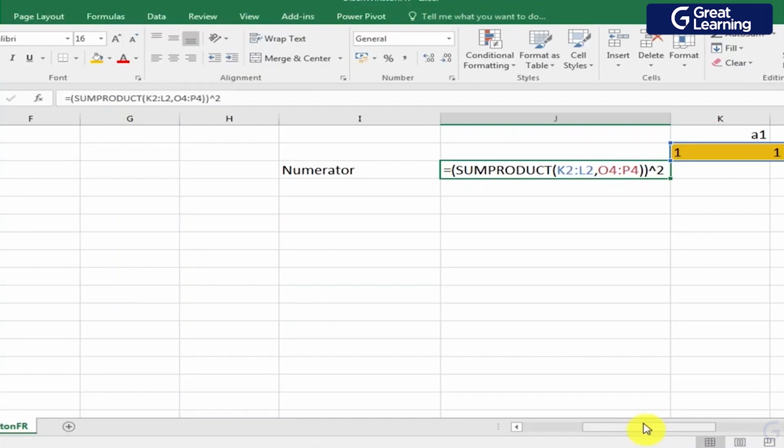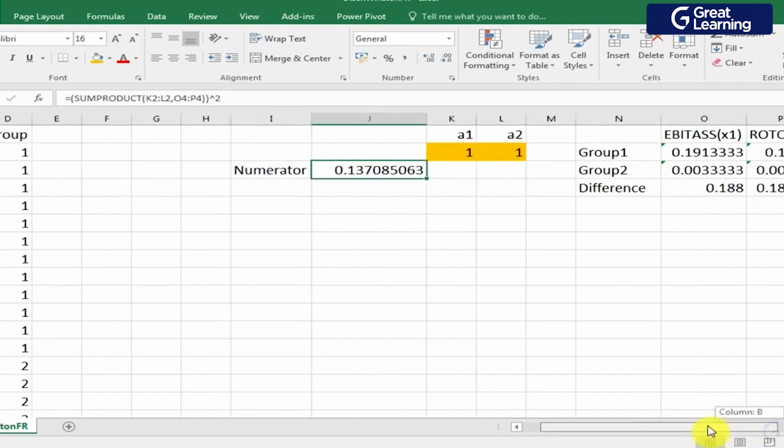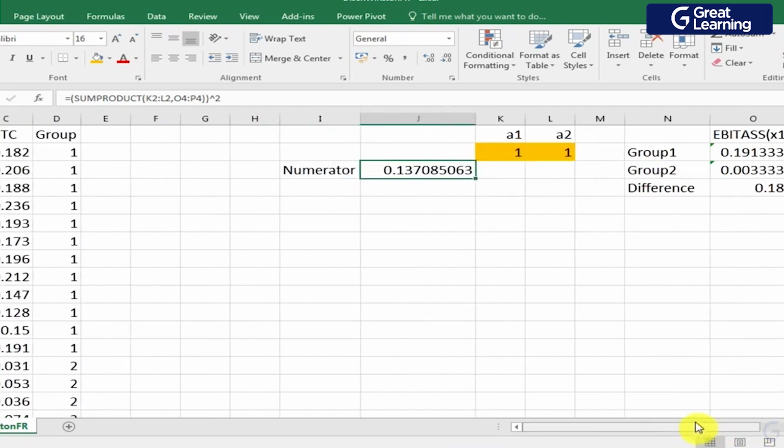Are you getting the point? Sum product, what I mean by that is, let me explain this to you here. A1 into this plus A2 into this, whatever I get, that has to be squared.